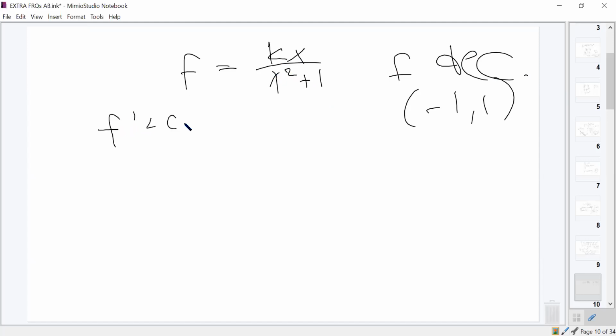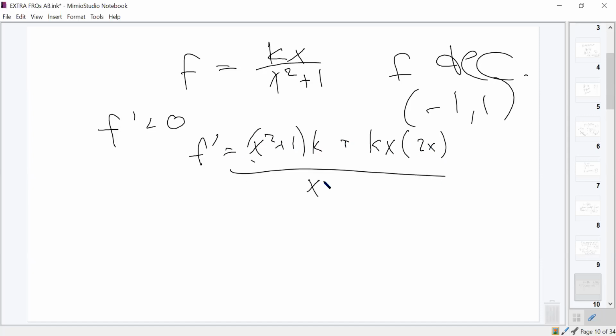So f prime needs to be less than 0. So we'll take the derivative of kx over x squared plus 1. f prime should be x squared plus 1 times the derivative of kx, which is k, plus kx times the derivative of x squared plus 1, which is 2x, all over x squared plus 1 squared. Everybody good with that derivative?